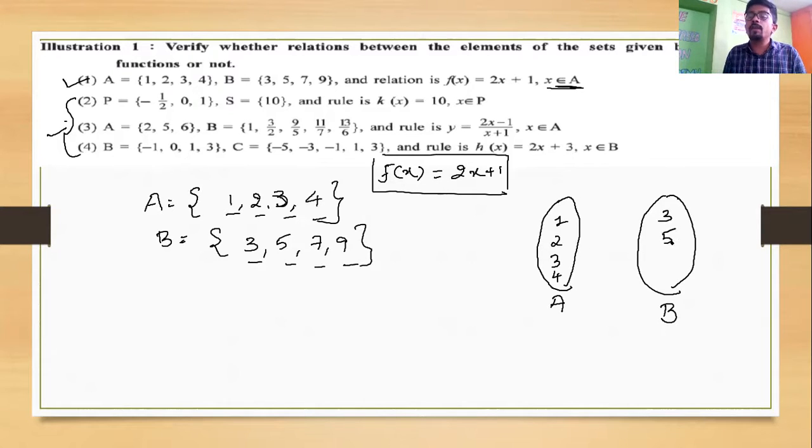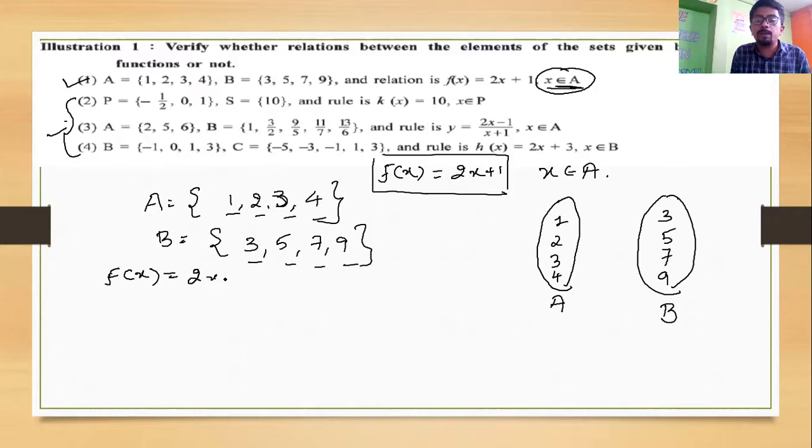Here, x belongs to A, meaning we are going to take x from A. We have the function f of x is equal to 2x plus 1, right? So let us take x one by one from A: 1, 2, 3 and 4.